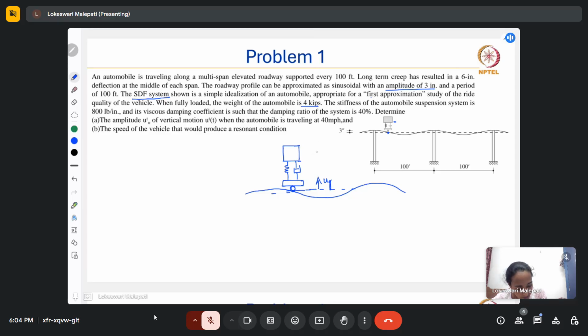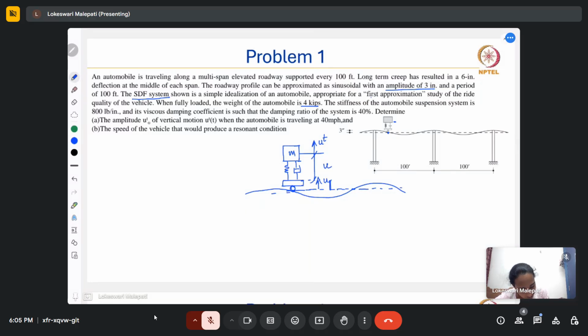And the displacement of this mass m, let's call this ut. This displacement ut is the total displacement with respect to this reference line. And there is one more displacement, which is the relative displacement between this support and this mass, which we can denote as u.